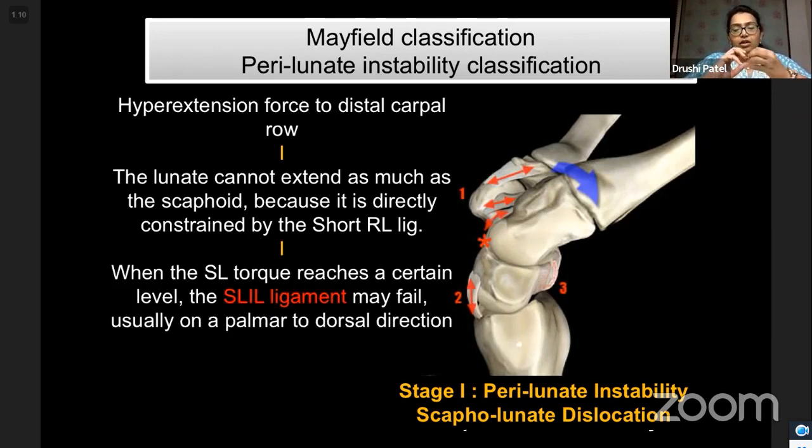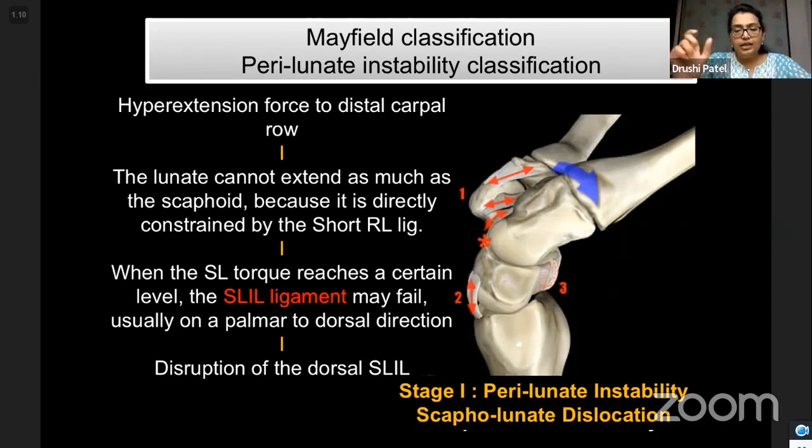When the force goes beyond what it can take, the scapholunate ligament starts tearing from the palmar to the dorsal aspect. Eventually, when the dorsal component gives way, the entire ligament is torn, resulting in distraction at the level of the scapholunate joint, resulting in a scapholunate dislocation. So that is stage 1 of perilunate instability.